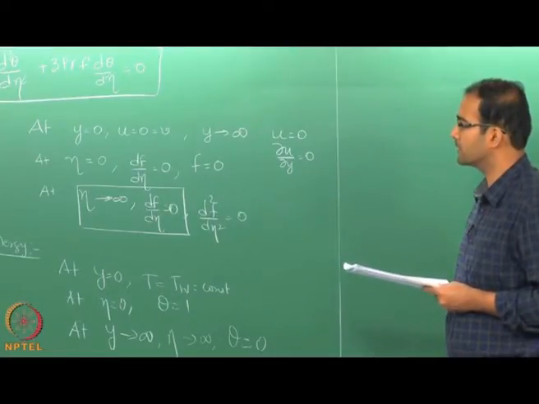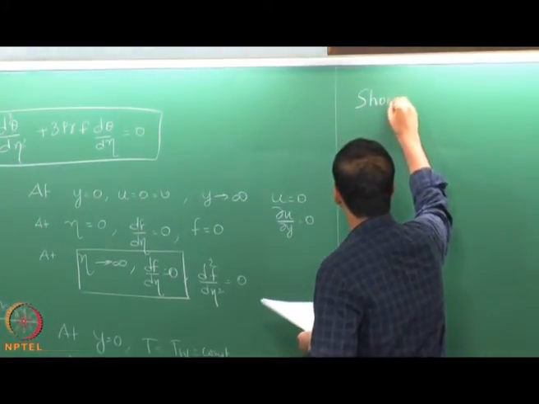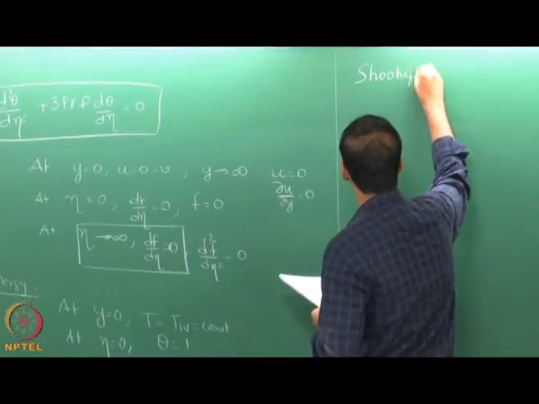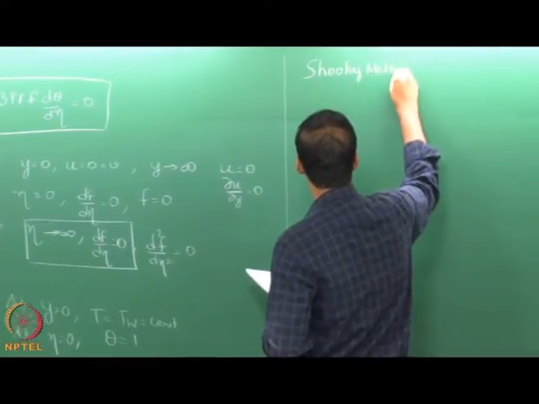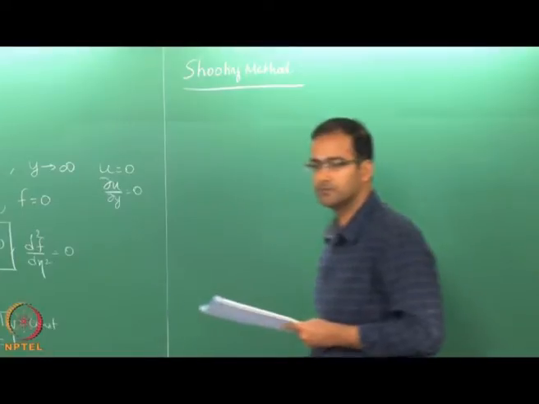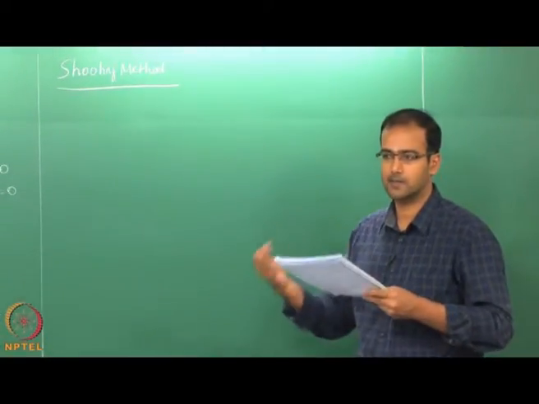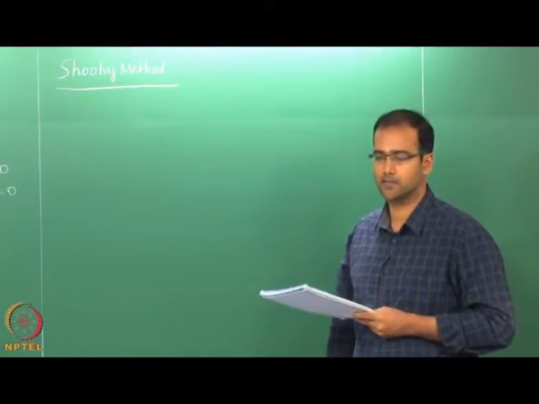So, we will once again use the shooting method that you are so familiar by now, you have been using it for so many different problems, both in external convection as well as in internal convection.